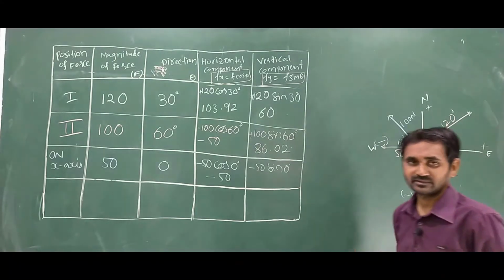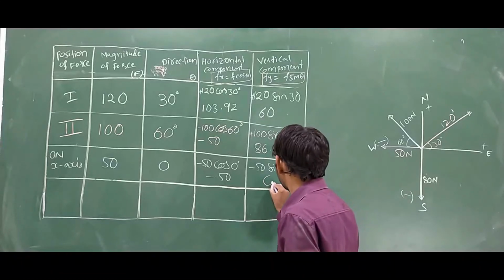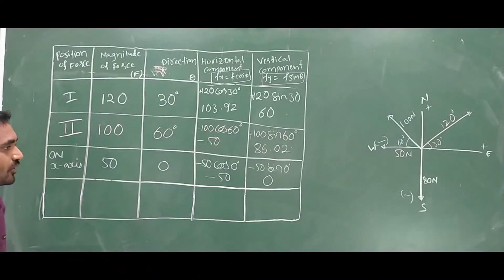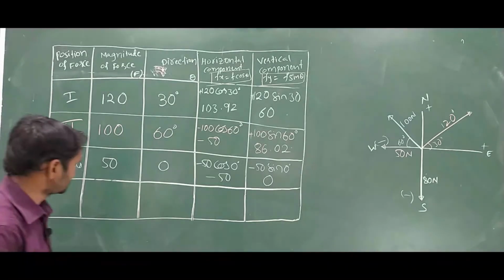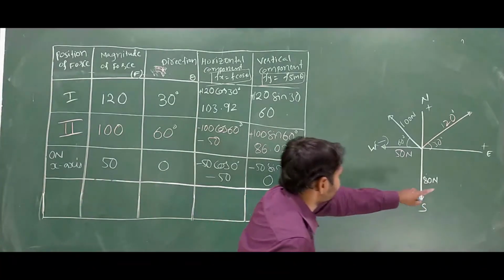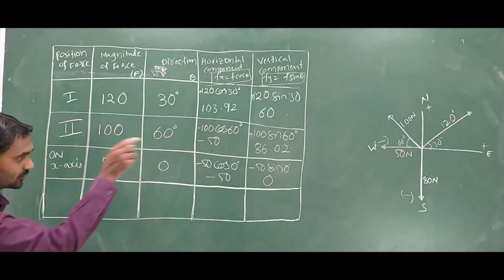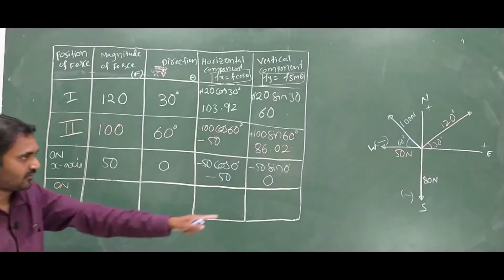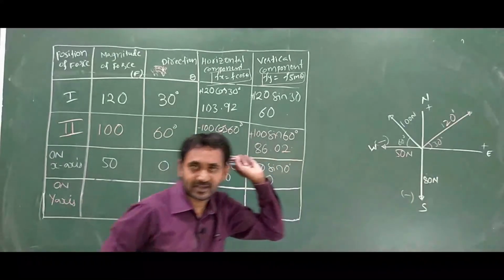You got 0 over here. Now let me go for the last one. So this is 80 newtons, which is acting towards the south. So here you have to write it on south, in the sense the y axis. What is the magnitude? 80 newtons.